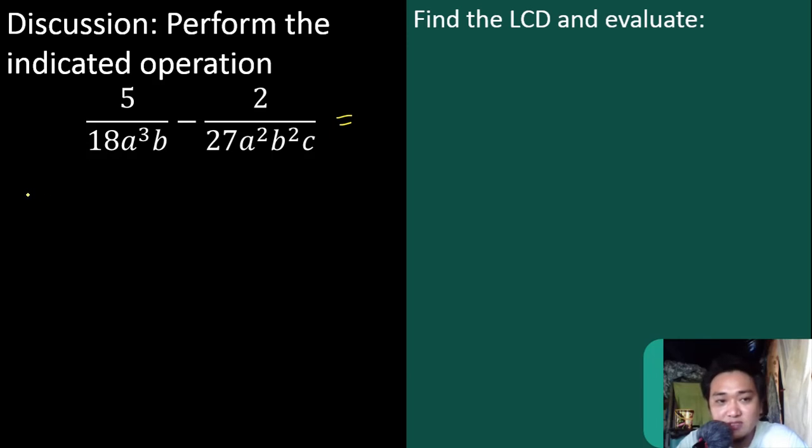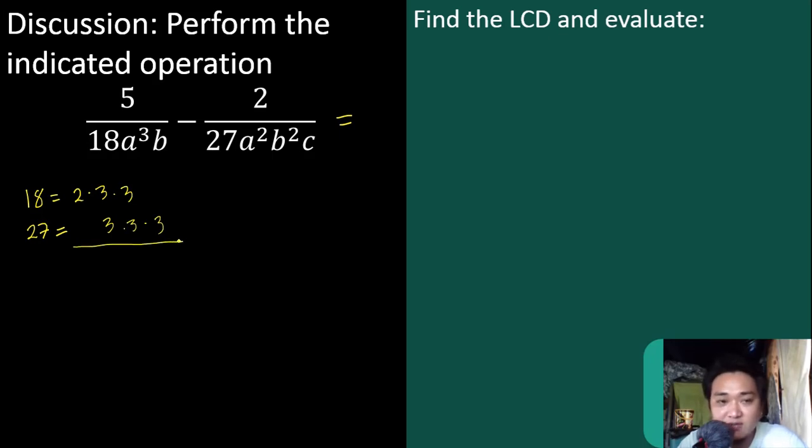What is the common factor between 18 and 27? 18 is equivalent to 9 times 2, or 2 times 9, and 9 is equivalent to 3 times 3. How about 27? 27 is the same as 3 times 9. And 9 is also equivalent to 3 times 3.